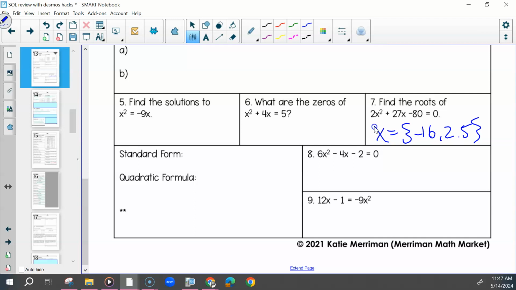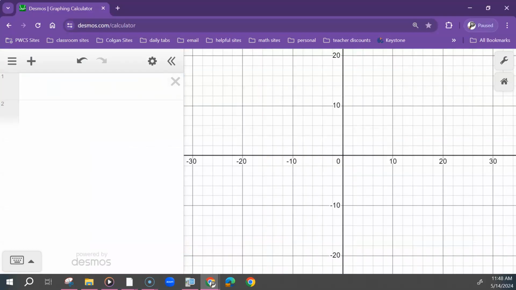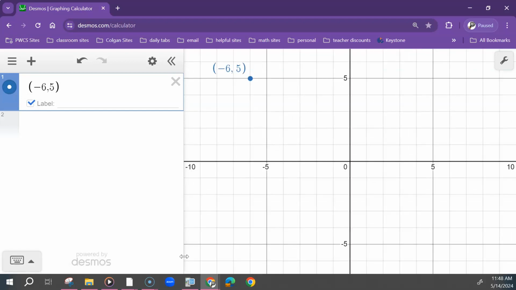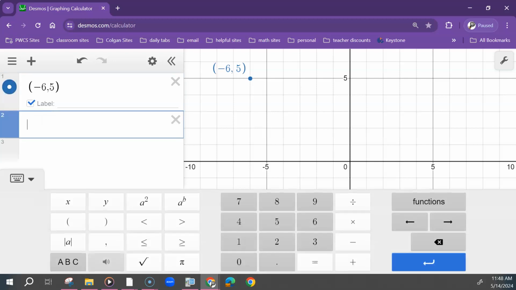So anything with writing the equation of a line, you can definitely do it by hand, but double check it in Desmos. If you would type in your point, negative 6, 5. And we want an equation, so that's going to be y equals mx plus b, equation of a line. So go ahead and type that in, y equals mx plus b.